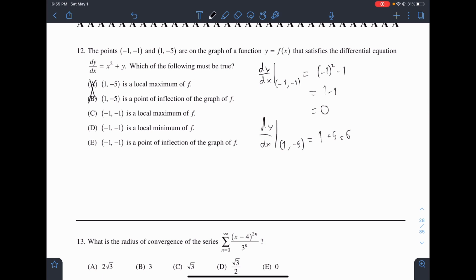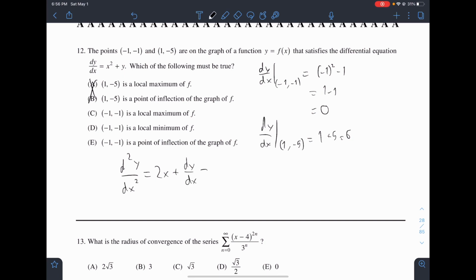Now we need to find d squared y over dx squared to find out if it's a local maximum or local minimum of f. So let's just take the derivative. The derivative of x squared would be 2x, and then the derivative of y is just dy dx.